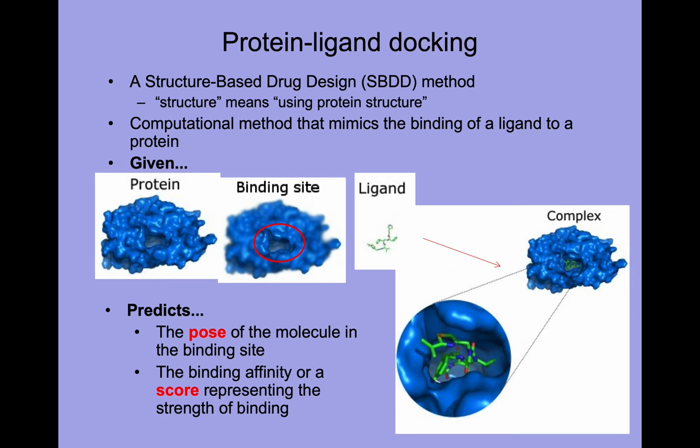The other thing we will predict after protein ligand docking is the binding affinity, or the score, representing the strength of the binding. In a simple way, in protein ligand docking we try to find the interaction between the ligand and the protein at the binding site, or you can say the active site of the protein.